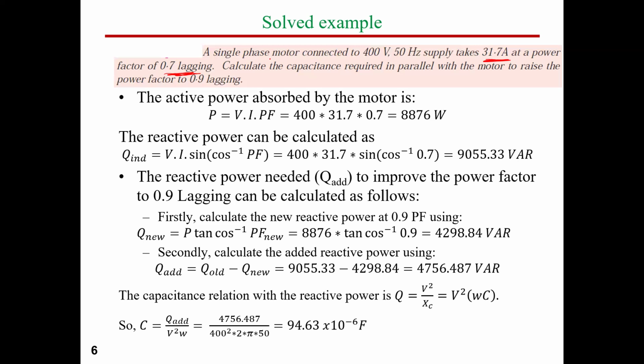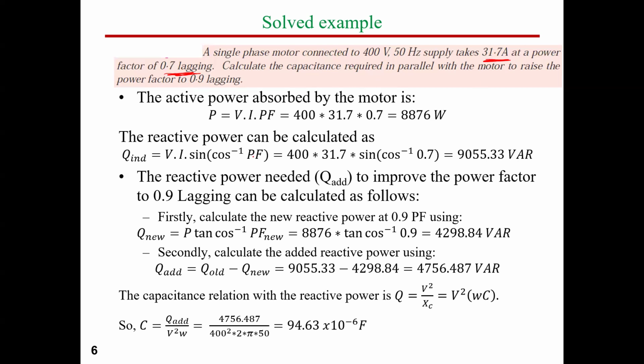The only exception is a synchronous motor, which could have a controlled power factor, but this is not in our topics today. So the power factor is 0.7 lagging, current is given, voltage is given, frequency is given, so we have everything about this load. What is needed here? Calculate the capacitance required in parallel with the motor to raise the power factor to 0.9 lagging.